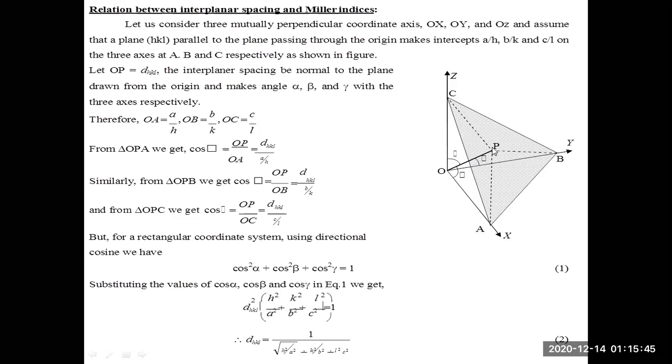I am considering the particular point where this plane is formed, and that is considered to be the point P. So from O to P, if I get that distance value, that distance will give me the information about the interplanar spacing of any crystal system.